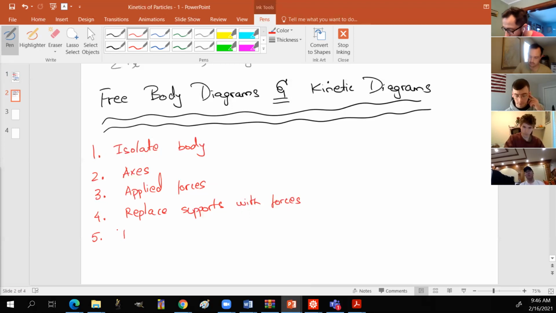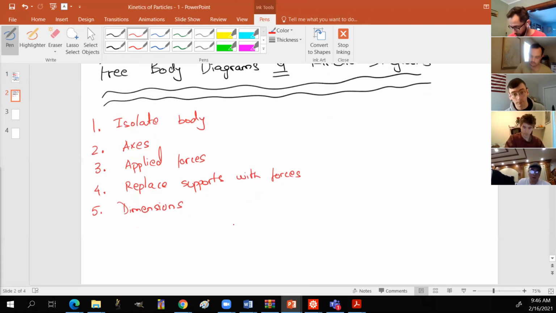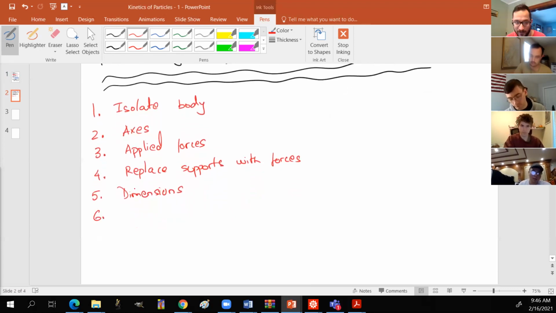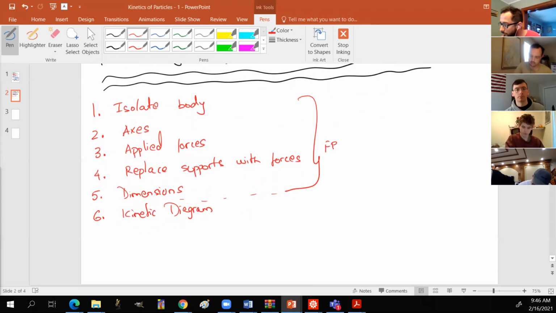Always dimensions. Make sure that you stay consistent. And then the last step is this new thing that we have to do, which is the kinetic diagram. The first five, we already know how to do, which is just the free body diagram. And the kinetic diagram is referred to as KD.